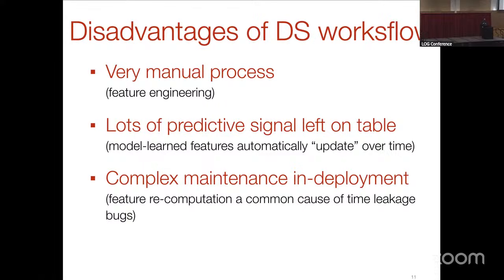So we don't really know if we include the right features that play the most important role for a potential future prediction. And also it's kind of complex to maintain because these databases most of the time are updated over time. So we have new data coming in, and then we need to go over the same process of feature engineering and transform the data into a single table before we apply a machine learning model.